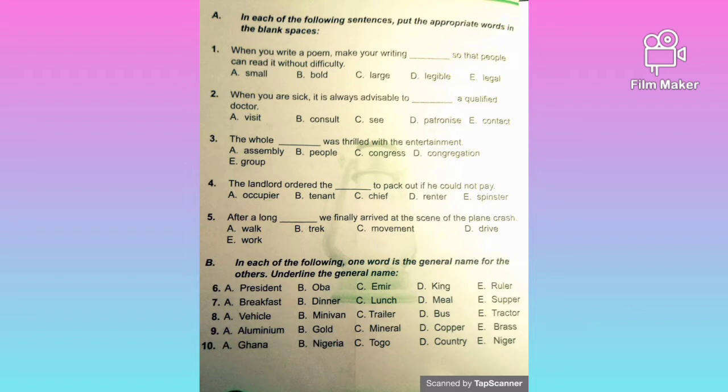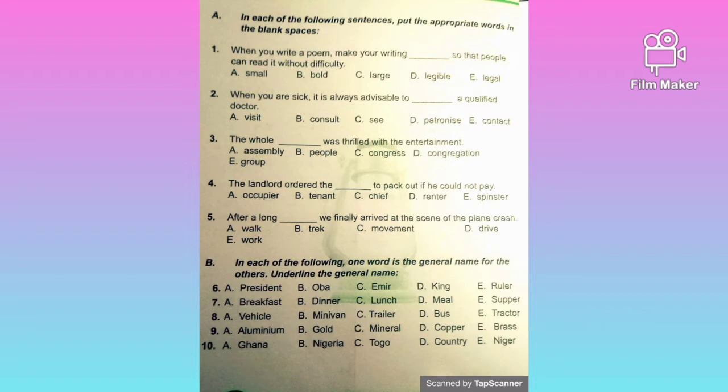We are going to be shuffling it like that so that we'll be able to touch some parts. Okay, number 2, when you are sick, it is always advisable to dash a qualified doctor. We have visit a qualified doctor. Okay, consult a qualified doctor.